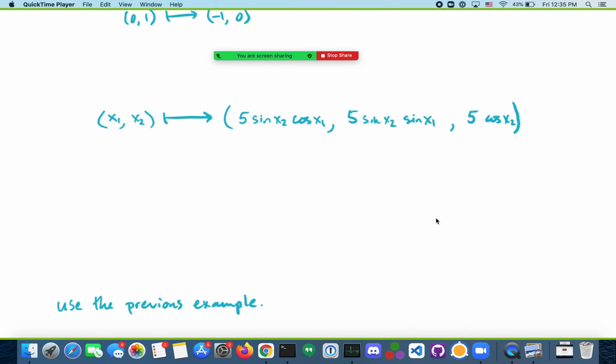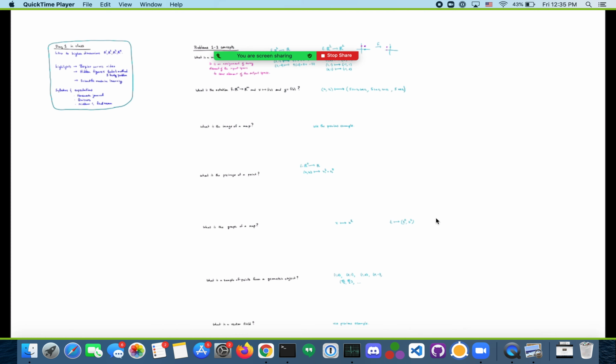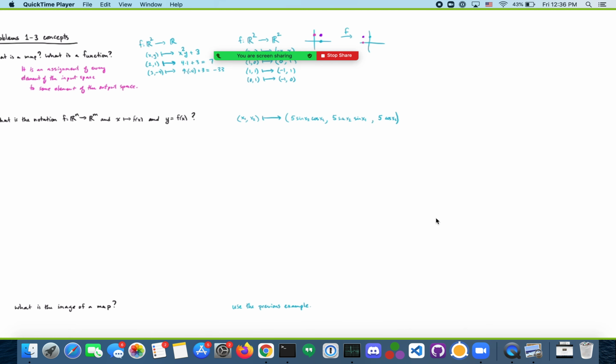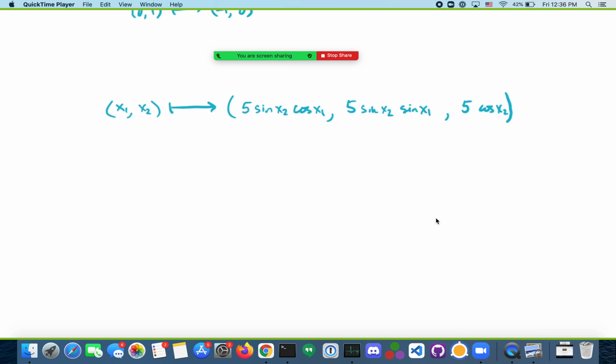Let's give ourselves a little more room. So this is the x maps to f of x notation. And here we're seeing how to unpack this.